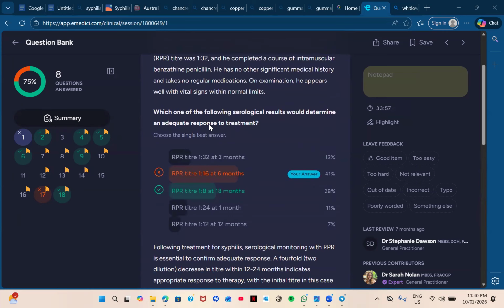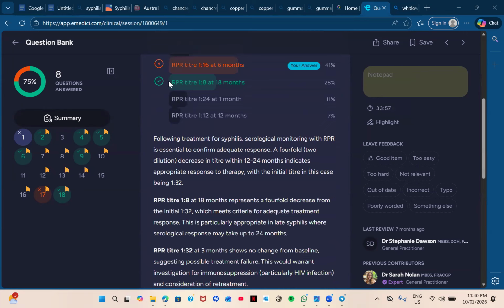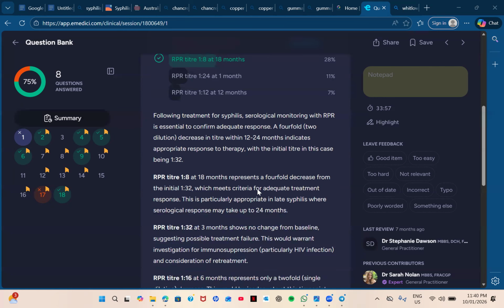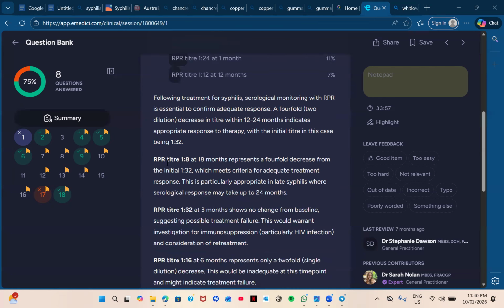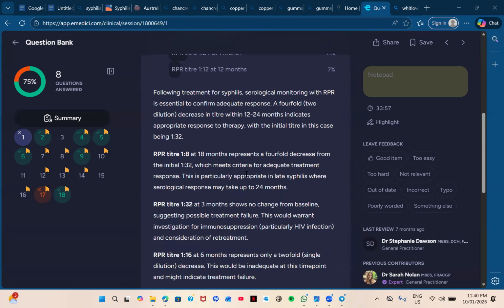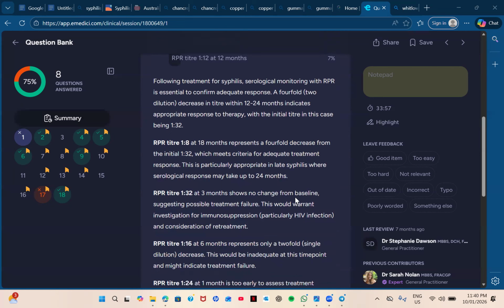So the answer is titer 1:8 at 18 months. An RPR titer of 1:8 at 18 months represents the fourfold decrease from the initial 1:32, which meets the criteria for adequate treatment response. This is particularly appropriate in late syphilis where serological response may take up to 24 months.